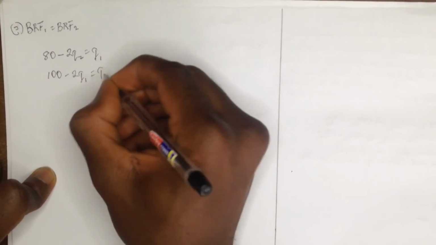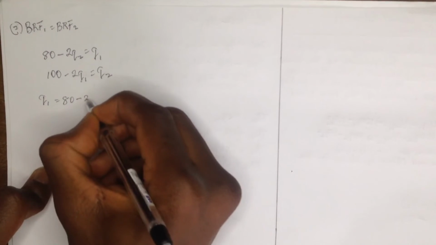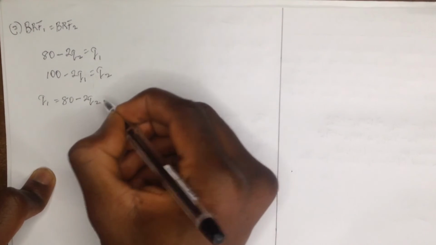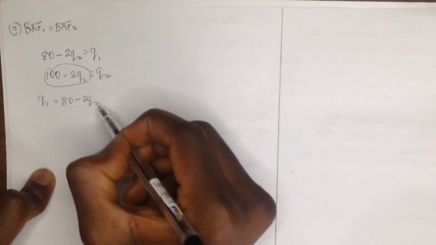That is, Q1 equals 80 minus 2Q2, and Q2 equals 100 minus 2Q1. We equate them by slotting in Q2 into the first equation.